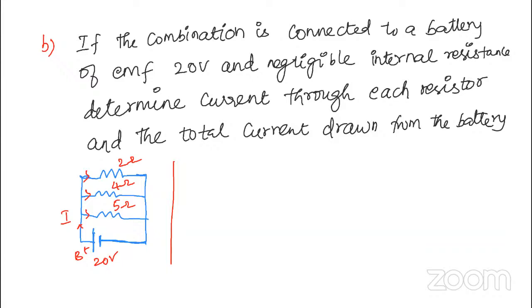What is the formula for the current value? V is equal to I into R, so similarly I is equal to V by R. Here three resistances are connected in parallel, so we have to represent it that way. We already know the value for Rp, which is 20 by 19.